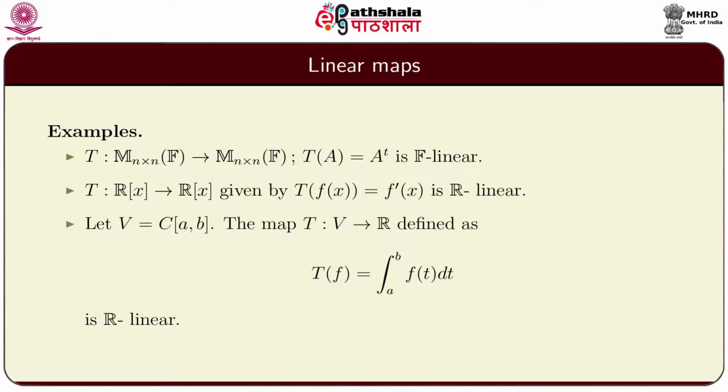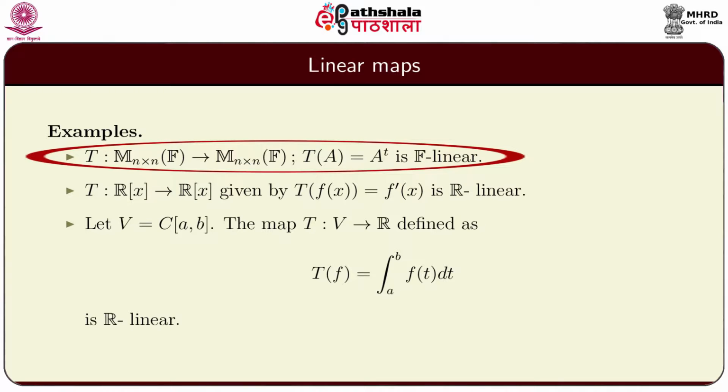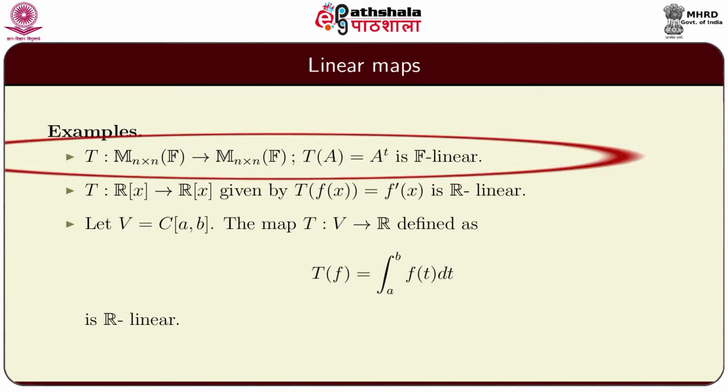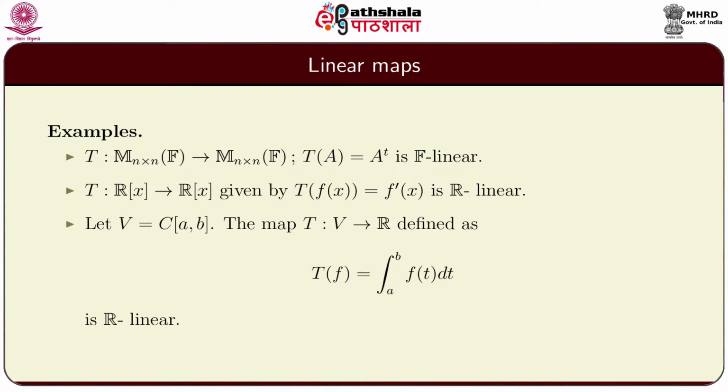Consider the vector space of n cross n matrices over the field F, M_n(F), and define T to be T(A) equal to A transpose. Again, it is an easy verification that T is a linear operator on M_n(F) over the field F.